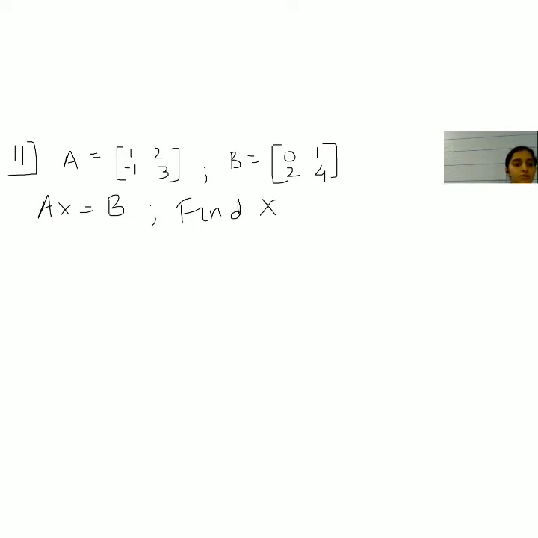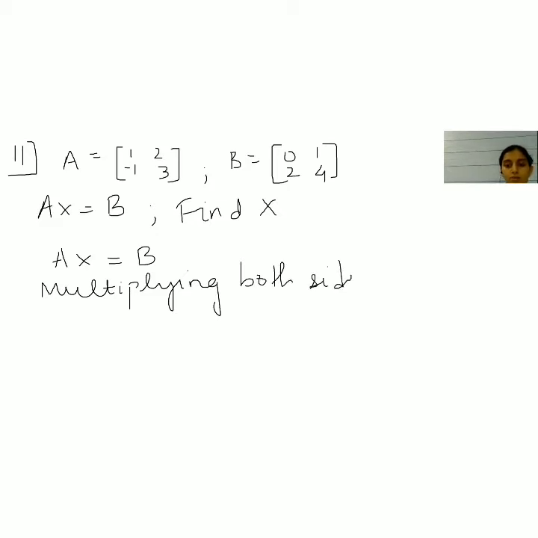So what we can do is take AX equal to B that is given to us, and multiply both sides by A inverse.